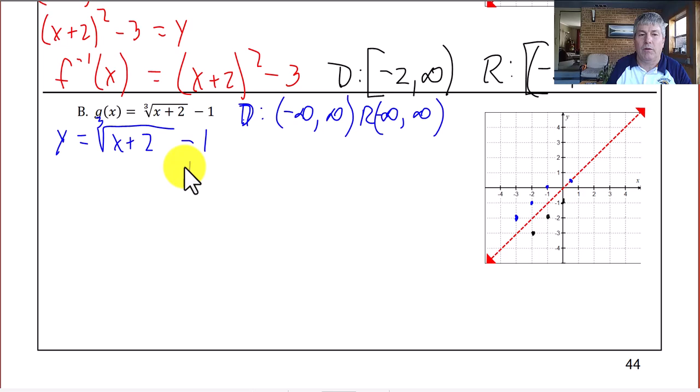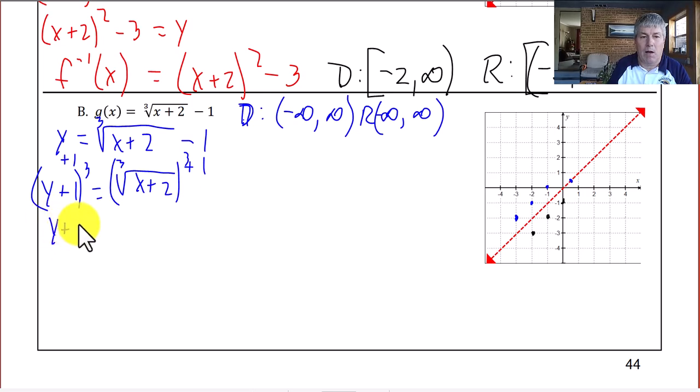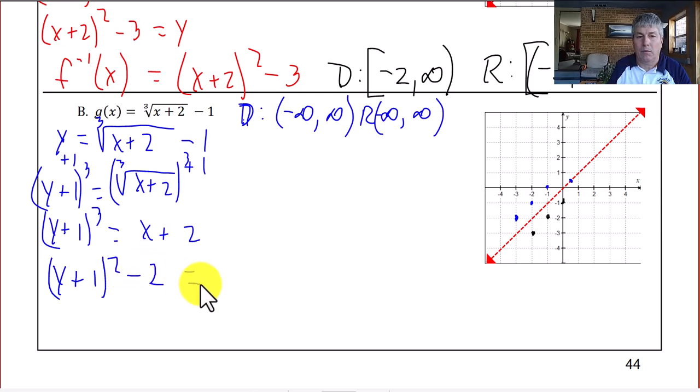So we add 1 to both sides right away. We get y plus 1 equals the cube root of x plus 2. Then we'll go ahead and cube both sides, and we get y plus 1 quantity cubed equals x plus 2, and y plus 1 cubed minus 2 equals x.